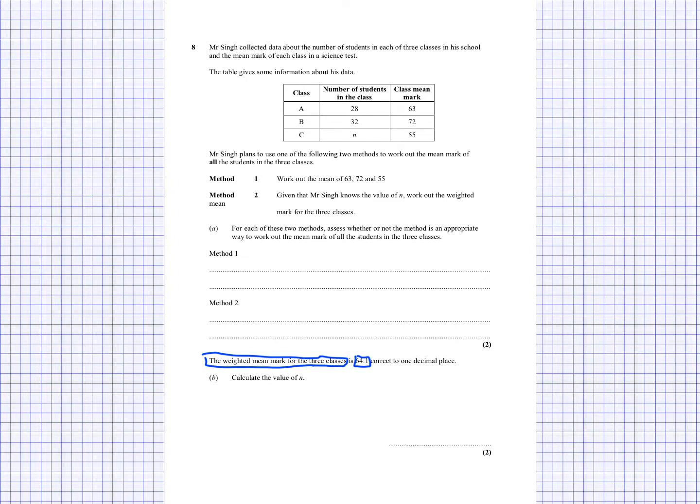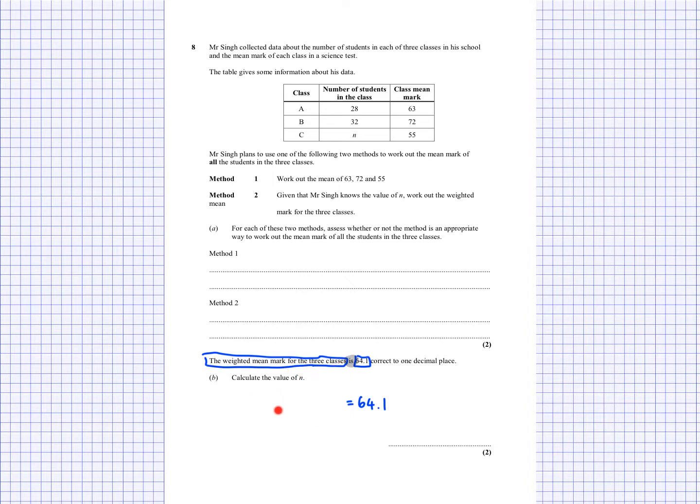So this is going to be an equal sign. So I've got equals, I've got 64.1 on the right side, and on the left-hand side, I need the working out of the weighted mean mark for the 3 classes.